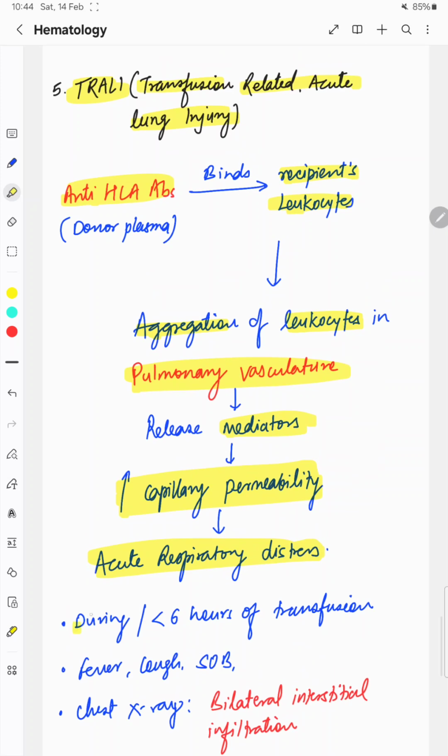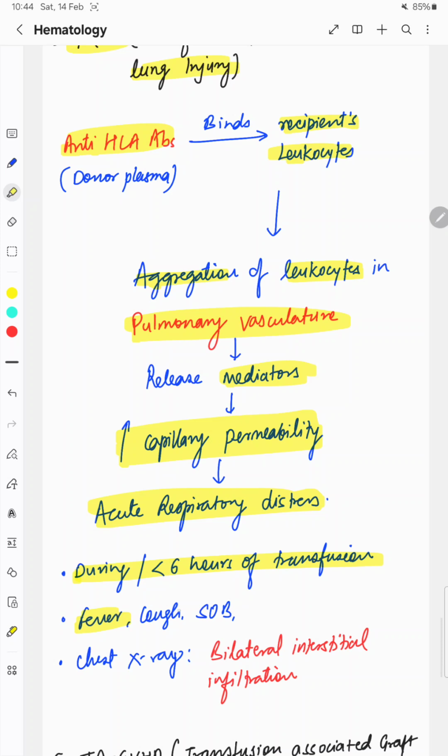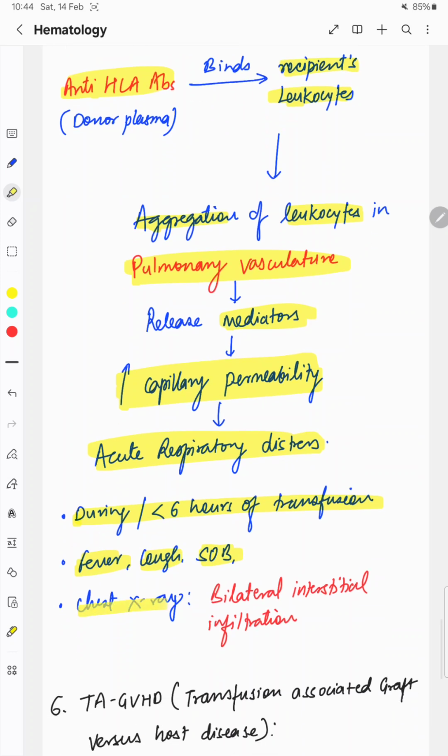TRALI can occur during the transfusion or within 6 hours of transfusion, presenting with fever, cough and shortness of breath. On chest X-ray, typically bilateral interstitial infiltrates are seen.